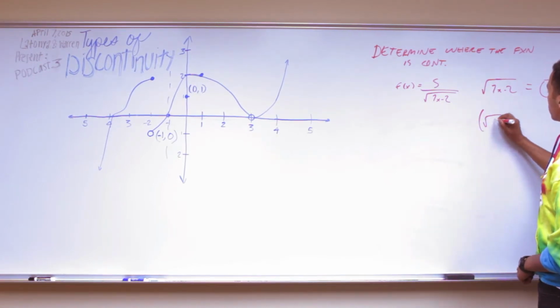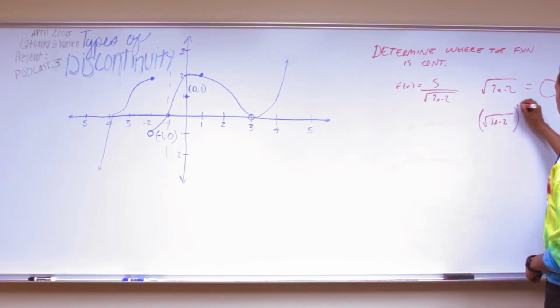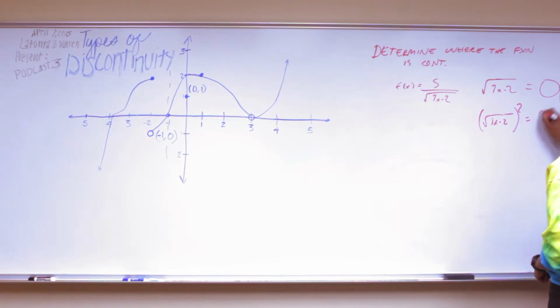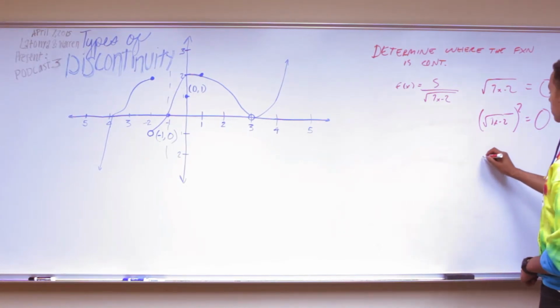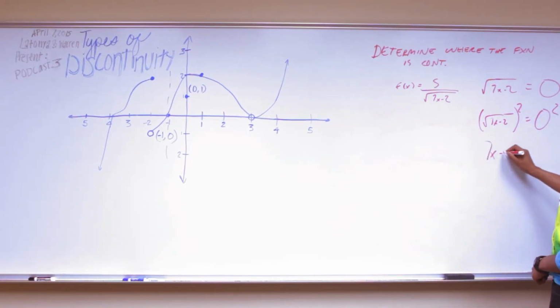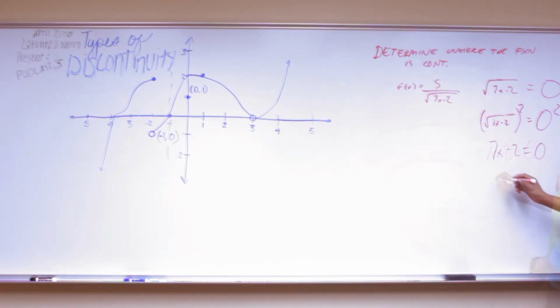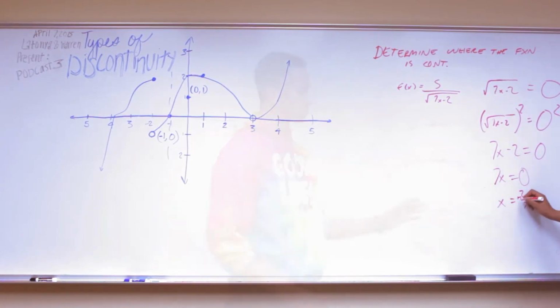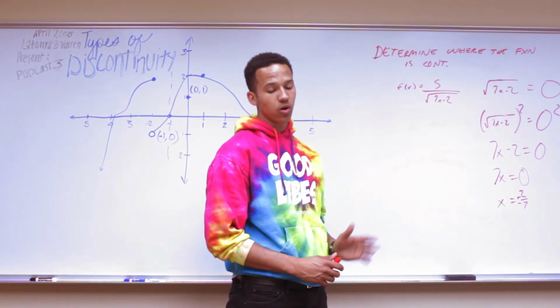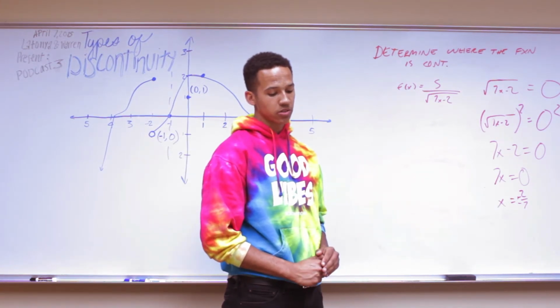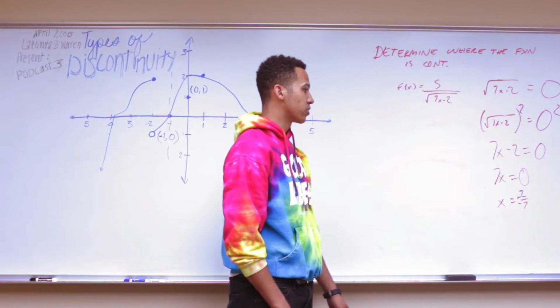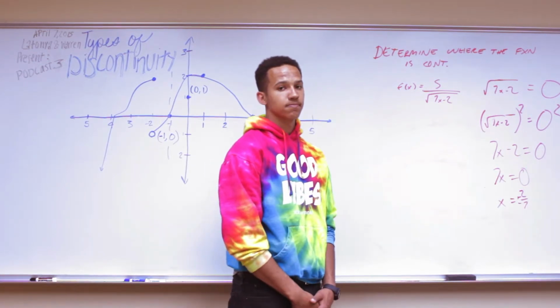So the square root of 7x minus 2 squared equals 0 squared, which would be 7x minus 2 equals 0. So 7x equals 2, x equals 2 over 7, plus or minus. The function is continuous at all real numbers except when x equals plus or minus 2 over 7.